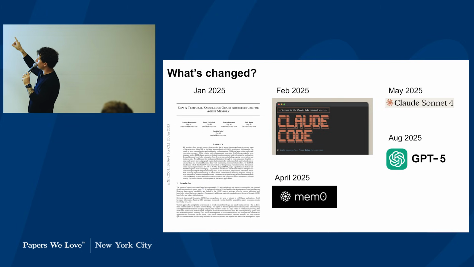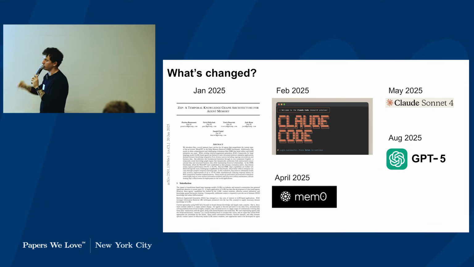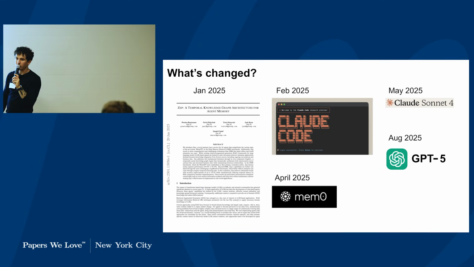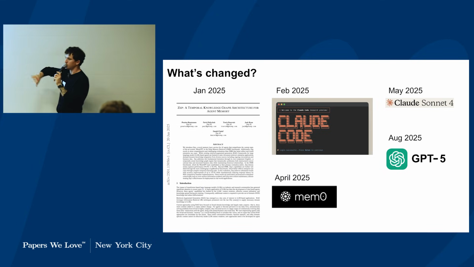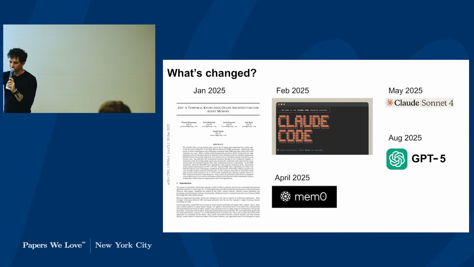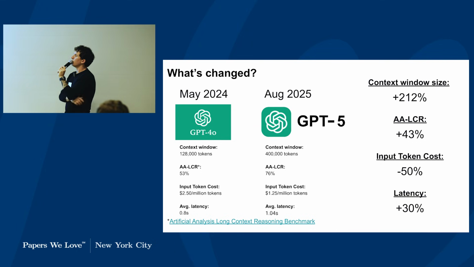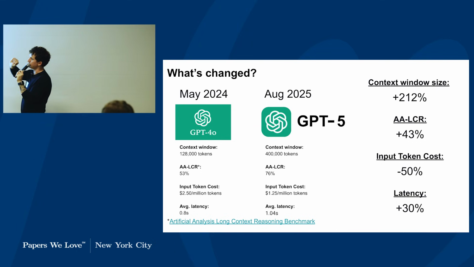And then May 2025, I mean, the models have always been getting better, but we got Sonnet 4 in May 2025, and in August 2025, we got GPT-5. So a lot has changed. There's about a million other things, as we all know, that aren't on this slide, but just highlighting a few things between now and January 2025 when the paper was published. So if we dig a little bit deeper into this, the paper tests ZEP against GPT-4o.